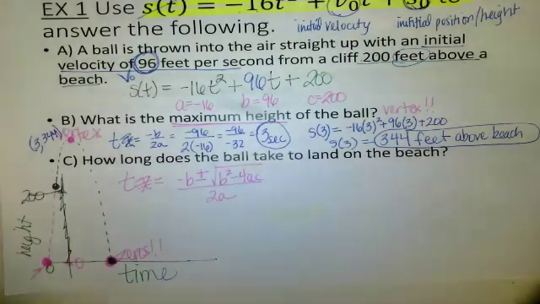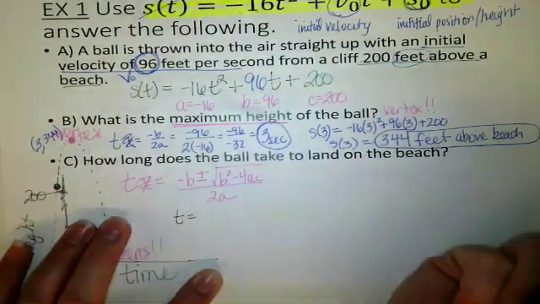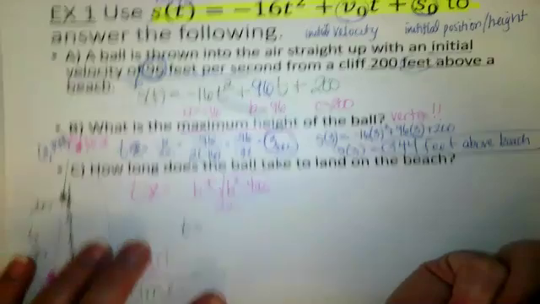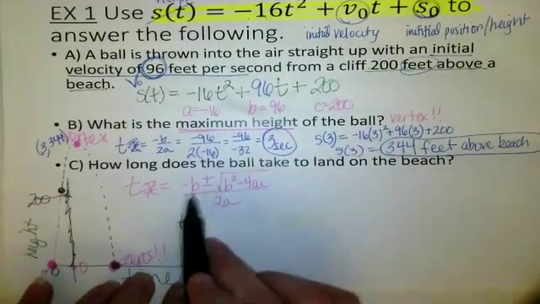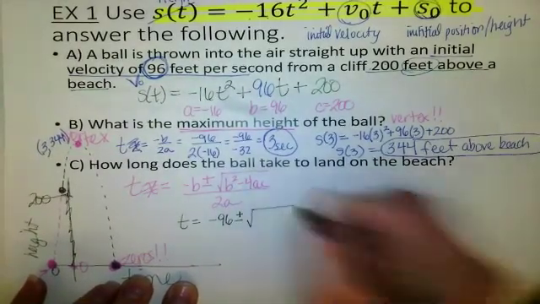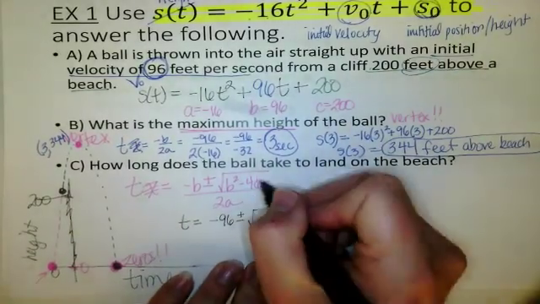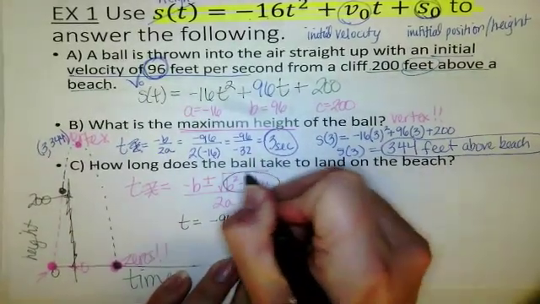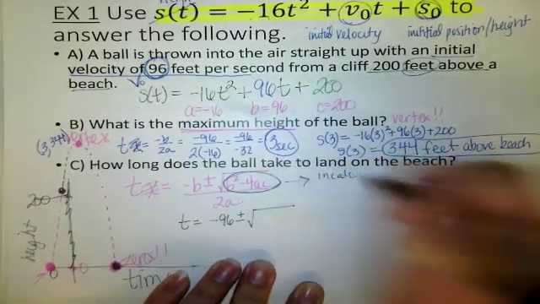All right, so let's plug in our information here. T equals the opposite of b. What's the opposite of our b? Negative 96. Plus or minus the square root of, all right, the b squared minus 4ac I like to do in my calculator first.